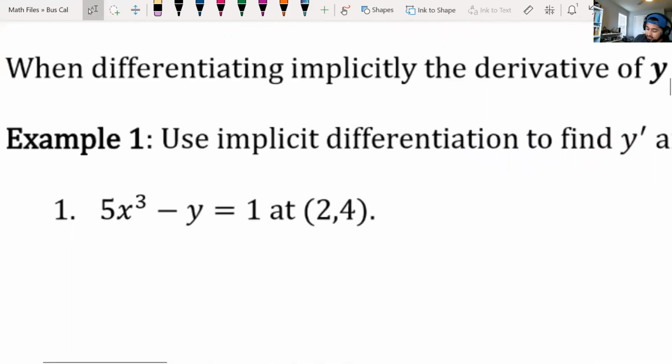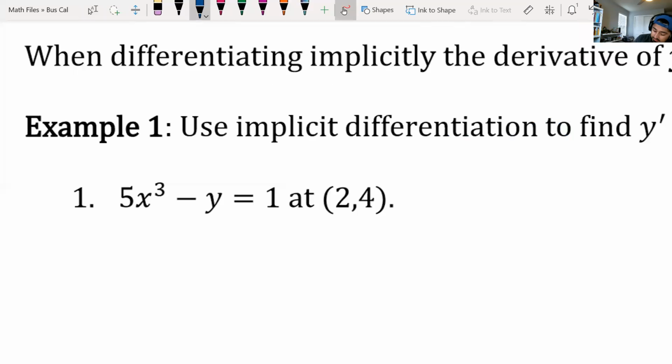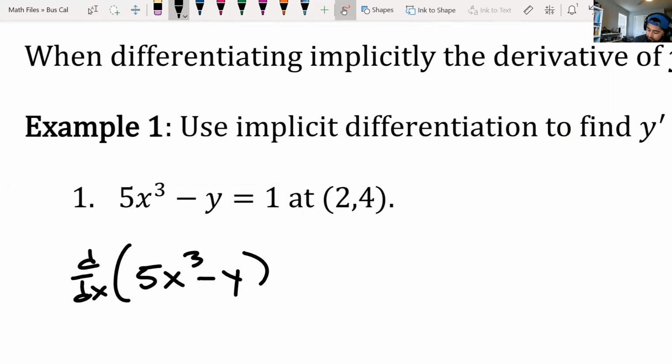So let's get started. The way I'll start this is I'll say d over dx, applying it to both sides: d over dx of 5x cubed minus y equal to d over dx of 1.